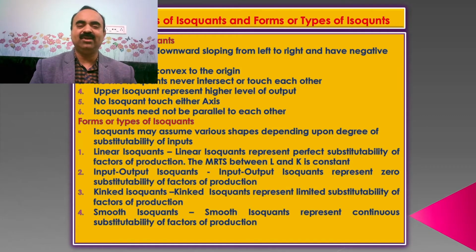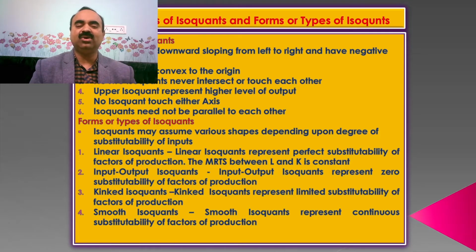Let us now deal with properties of isoquants and forms or types of isoquants. Properties of isoquants. 1. Isoquants are downward sloping from left to right and have negative slope. 2. Isoquants are convex to the origin. 3.